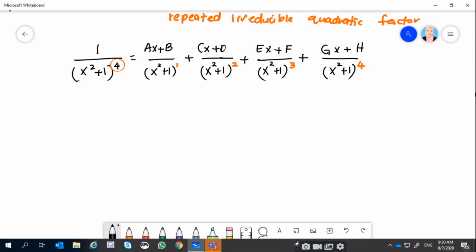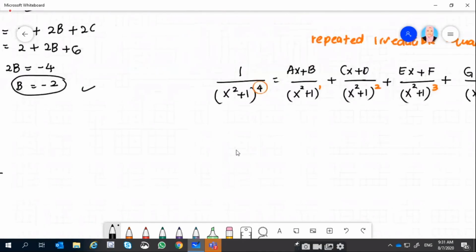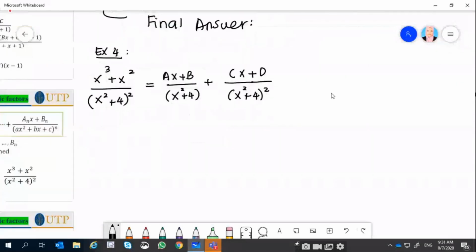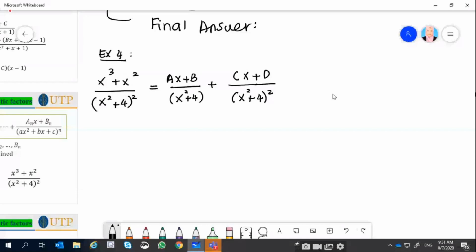Yes, so the number of constants is 8 if the highest degree is 4. So this is complicated. Okay, so now, can you get the idea how to express the case that involves a repeated quadratic factor? Yes. Good. So now let's continue.